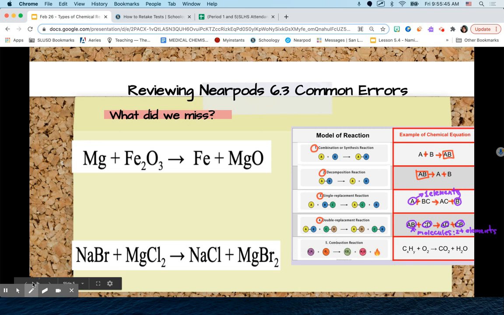And lastly, the thing that's kind of different is a combustion reaction. So when I'm looking for a combustion reaction, I'm paying attention to mainly the parts after the arrow that I should always see CO2 and H2O for my products. Every single time I light something on fire, I'm producing CO2 and H2O.